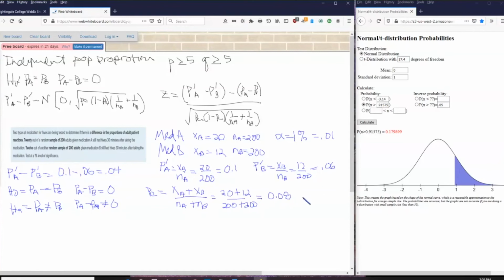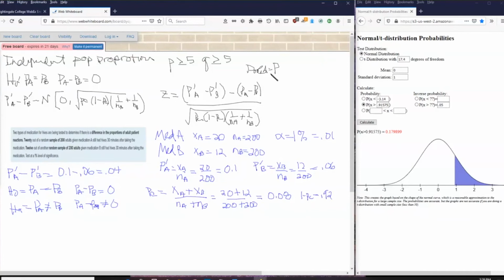And 1 minus P of C is going to equal 0.92. So going up here, writing the pooled. So this is the pooled portion.